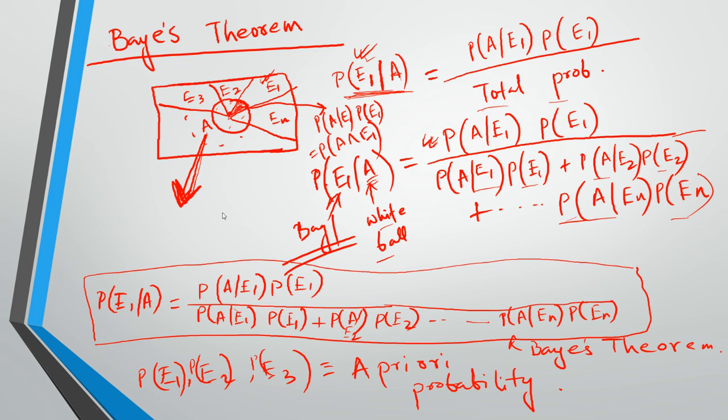So now let's consider an example. We will take an easy example just to illustrate the point so that you can cement and concretize the concept. We will go by the same example that we discussed before. This is bag 1, this is bag 2.